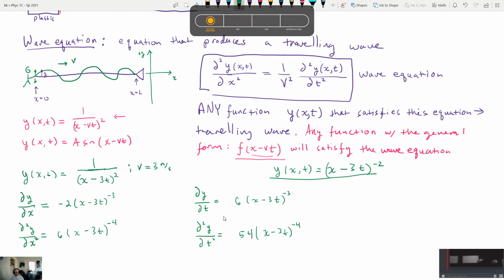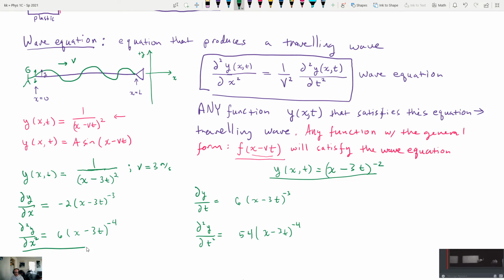Okay, so is this actually going to work out? I don't know. Guess we'll see. So what we had to prove was that our function, (x minus 3t) to the -2, satisfied the wave equation, right? And that meant that I needed to show that this quantity was equal to this quantity divided by v squared. Well, they definitely have the same functional form, so that's good, right? And what would 1 over v squared be? Well, v in this case was 3.